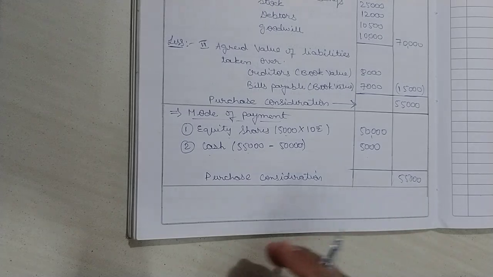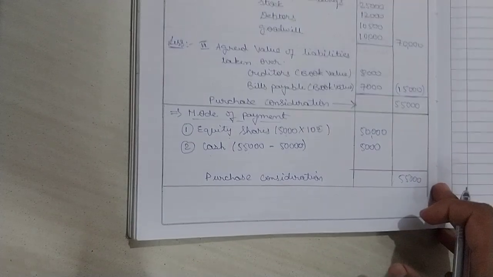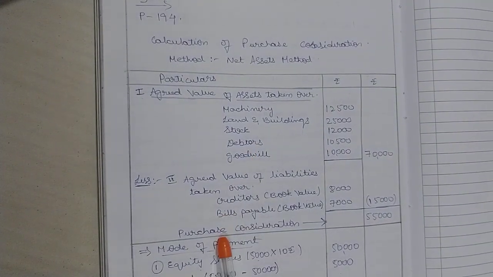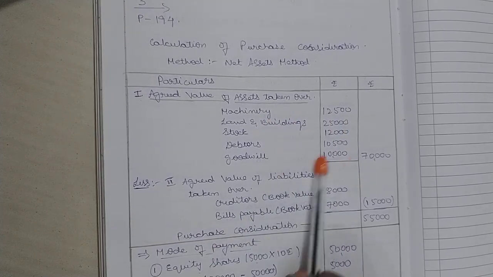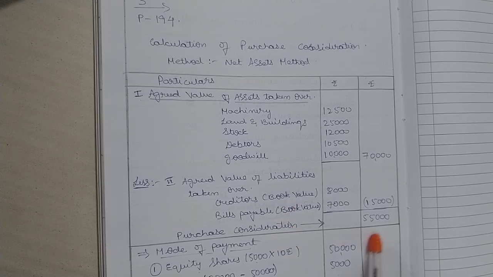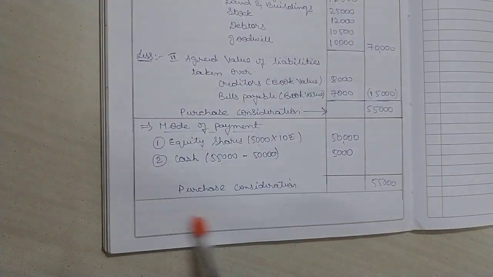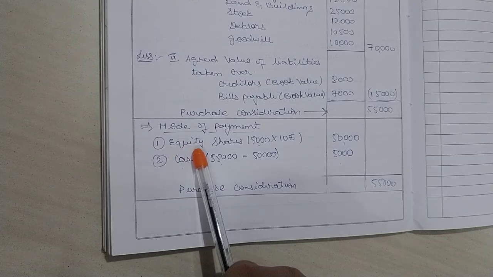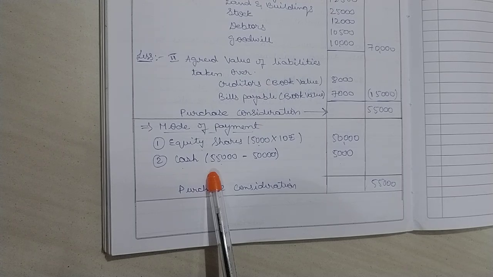So what you have to do in these kinds of problems: first you have to calculate the first part, that is calculation of purchase consideration. Write down the agreed value of assets taken over. From that, deduct agreed value of liabilities taken over. You will arrive at purchase consideration. Now, the second part is what? You have to show the mode of payment of purchase consideration. In the given question, it is in two modes, that is equity shares and the remaining balance amount in terms of cash.